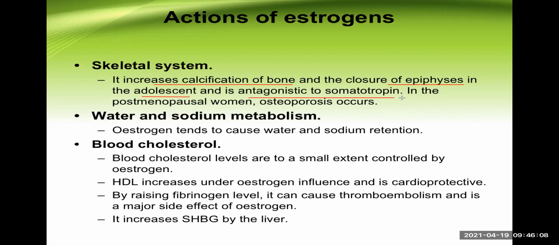So having said that, if a lady is having an excessive amount of estrogen near the pubertal age, then the overall height of that girl may be decreased because of the antagonizing effect of estrogen on somatotropin. This is an important function. And another one, it increases calcification of the bone.